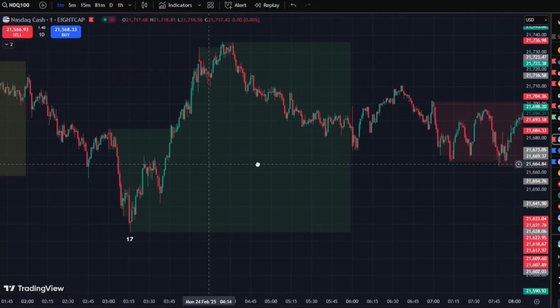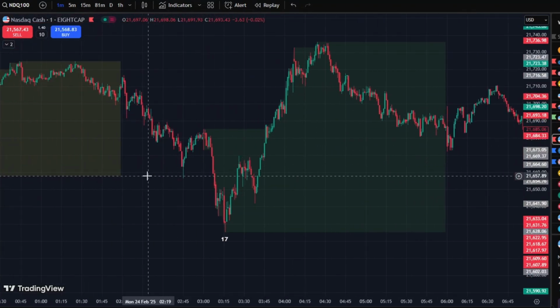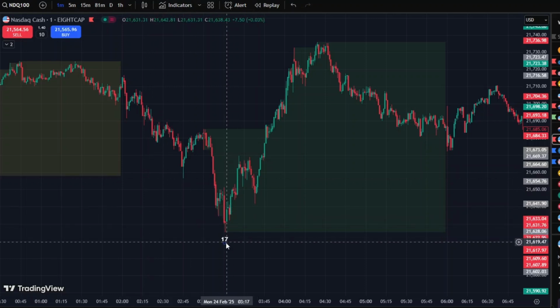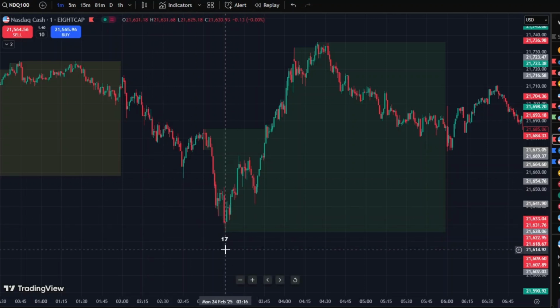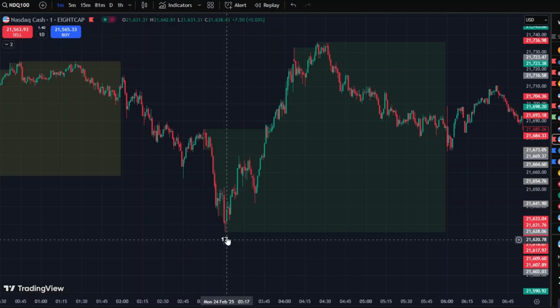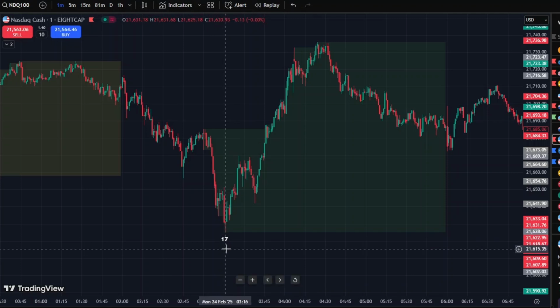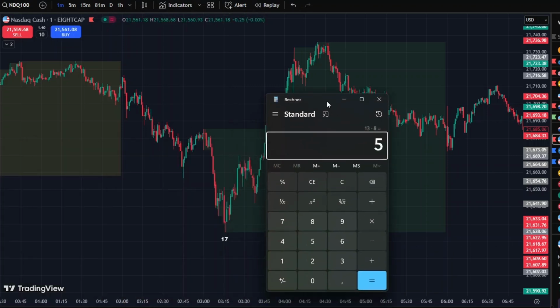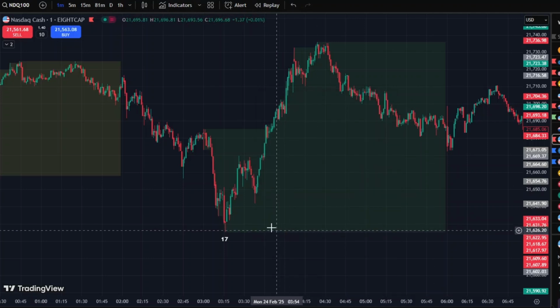First it swept the Asian low, and then this got created at 3:16, which is 17 GB time. After that, it created a fair value gap at 3:20. This time, we do the calculation, which means 3 plus 20, it's 23, which is CE time.